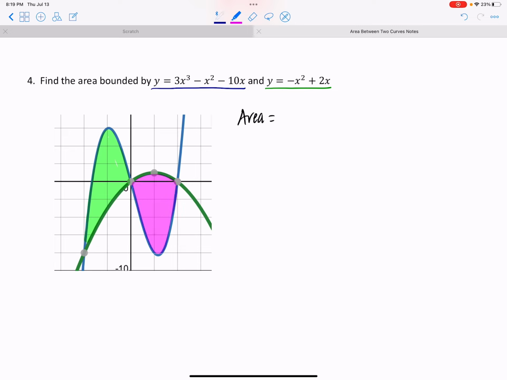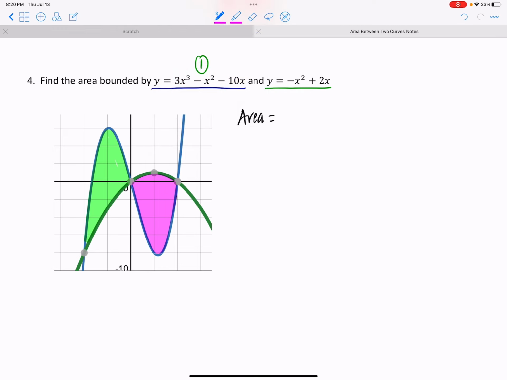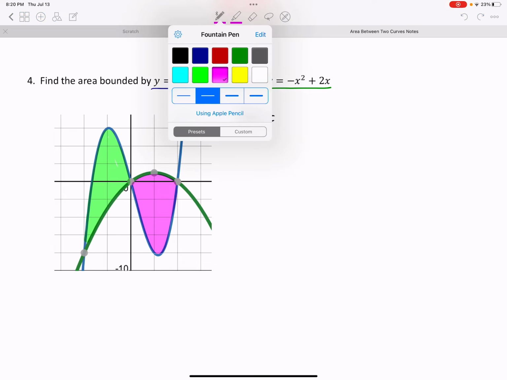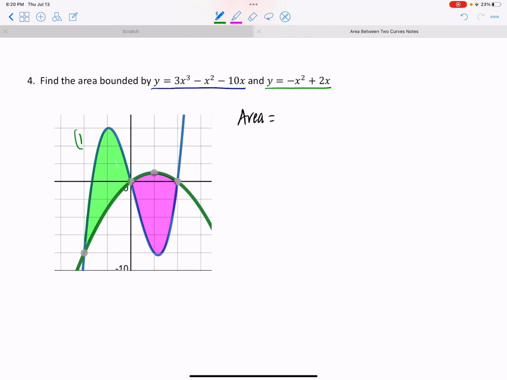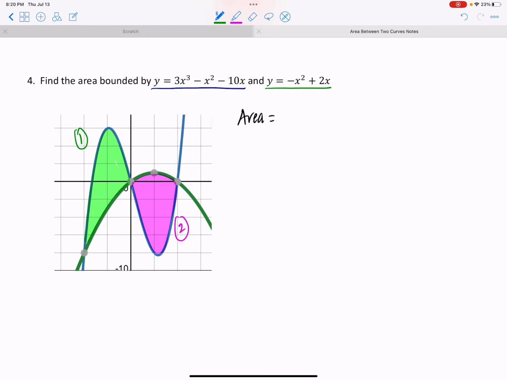So first I'm going to do this area, and then this area. I'm going to just call this area number 1, and I'm going to call this area number 2. So it's going to be area 1 added to area 2. I have to do both of those.